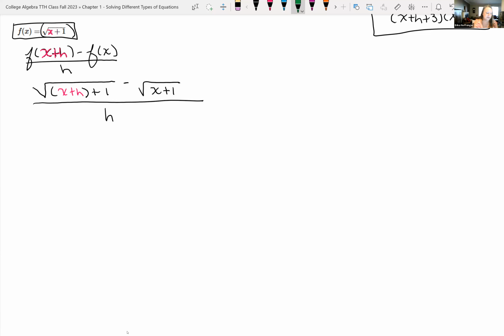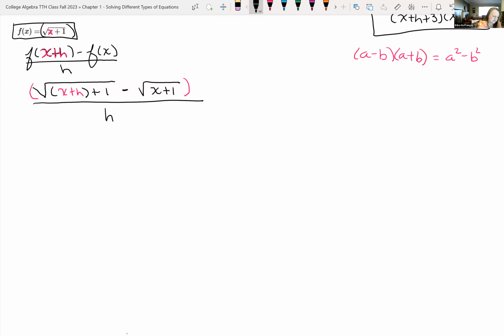So we want to use the fact that if we multiply a minus b times a plus b, and we distribute that out, this gives us back the form a squared minus b squared. So if we multiply by the conjugate of these radicals, we change the sign that's in between.